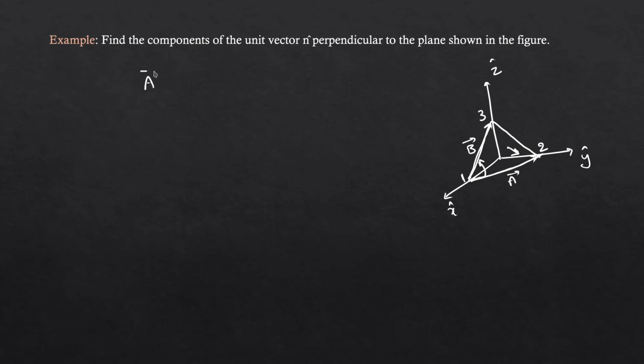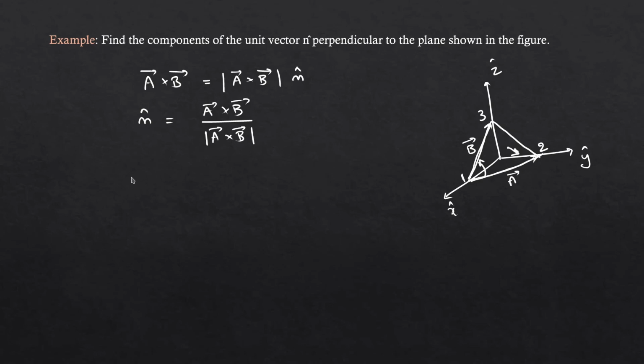So A cross B will be magnitude of A cross B into direction of that A cross B. We want to calculate n cap. N cap will be A cross B divided by magnitude of A cross B.